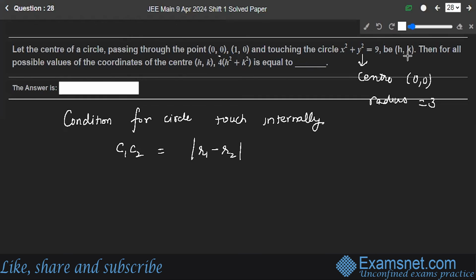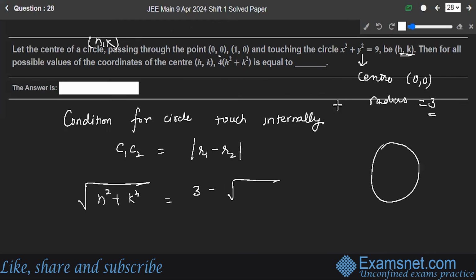And you are given that the center of this circle over here is h comma k. So this will be given by root of h minus 0 square plus k minus 0 square is equal to r1 minus r2. The radius over here is 3, and the other radius is because it is passing through the origin. See, this is h comma k, and this is passing through the origin.